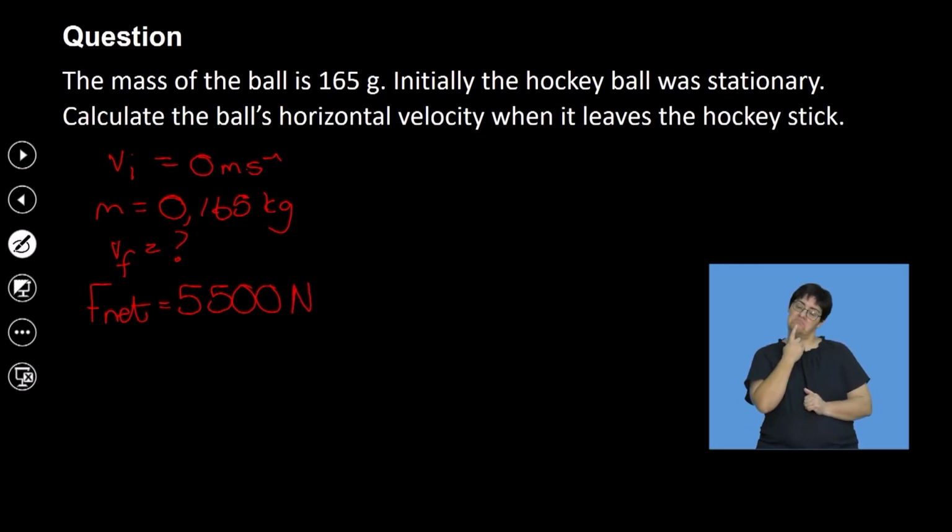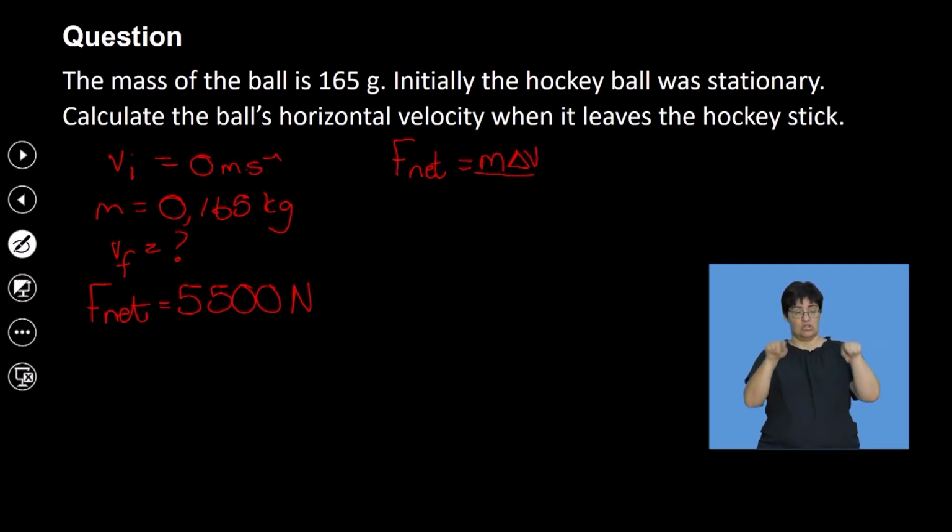Now we look at this and we go, hang on, I can do this. We know an equation that has F net, mass, and change in velocity. So if we go back here and we go, well, F net equals mass, change in velocity over change in time. So I'm just going to push you a little bit with your maths here.